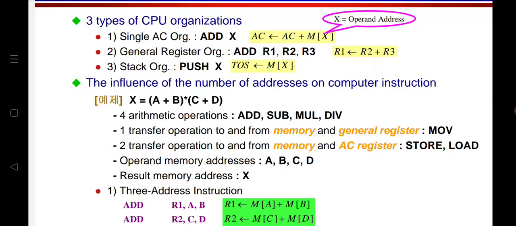A, B, C, D are memory addresses where the data is available. To manipulate this data, we use the equation A plus B into C plus D, and the result will be stored in the X memory address.